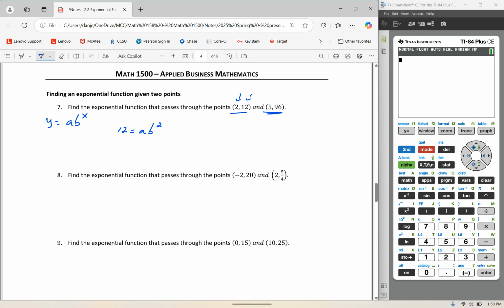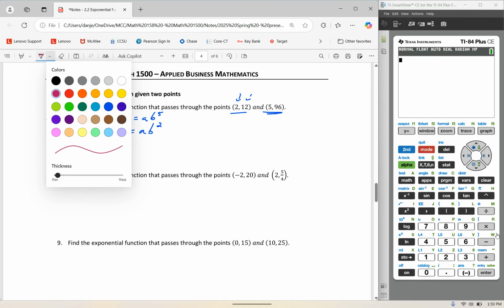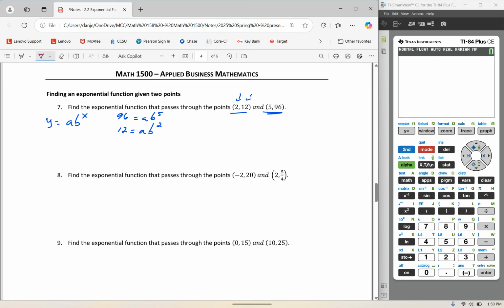I also have 5 and 96. If x is 5, y is 96. Now I'm going to write this equation above. y is 96 when x is 5. With linear functions, we would subtract the bottom equation from the top. These are exponential. We're going to divide the top equation by the bottom equation.